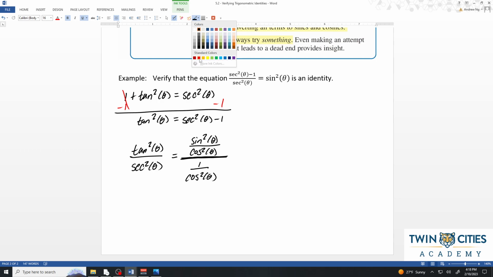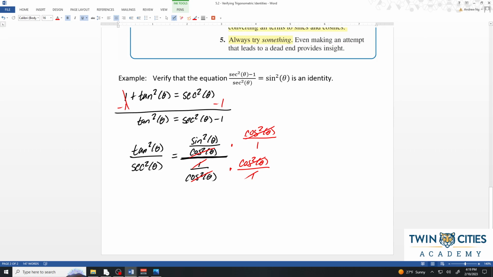Now I've got a fraction over a fraction, so I can flip this upside down and multiply by the reciprocal, cosine squared of theta over 1, and then the same thing up here. Down here, everything will divide out. And up here, I'll have sine squared times cosine squared, over cosine squared times 1.